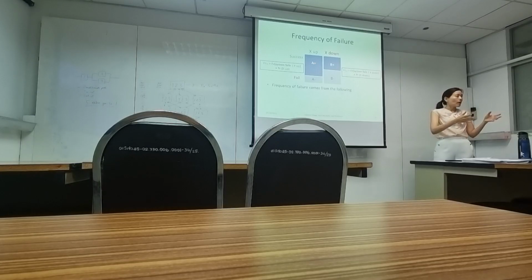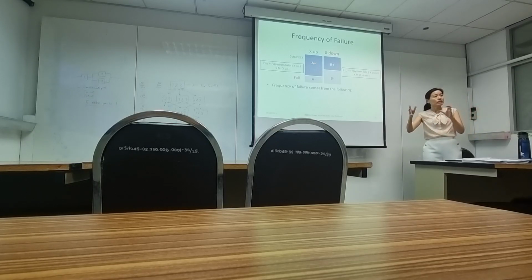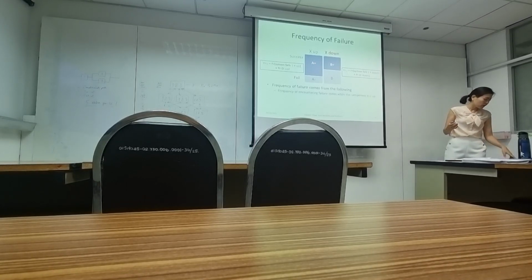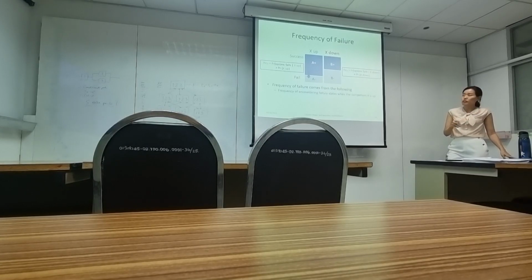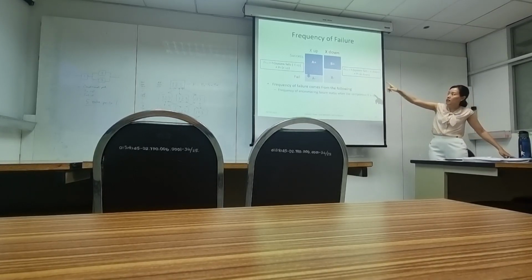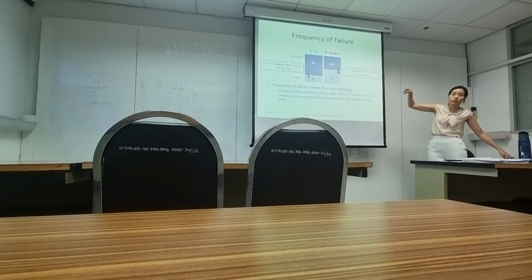You calculate the probability of each of those disjoint sets, and then you combine them. That's the basic idea. But when it comes to the frequency, you see that the frequency has 3 aspects, not just 2. Of course, the frequency comes from, given that the component is up, you have one frequency. Given that the component is down, you have one frequency.